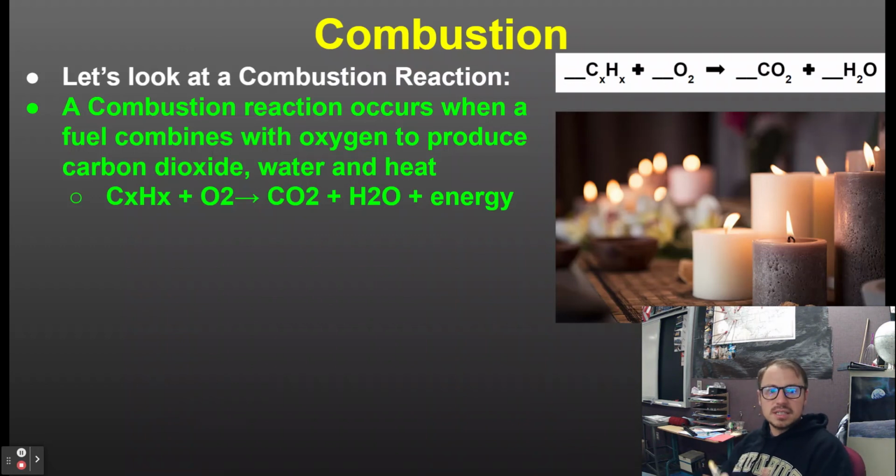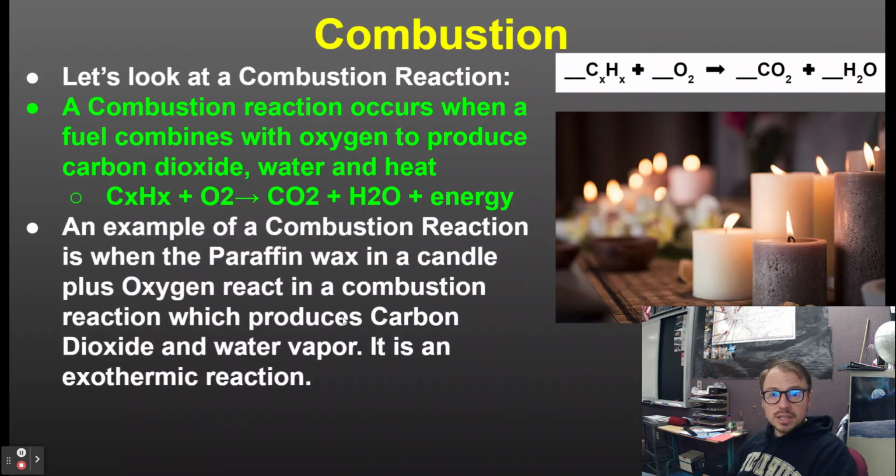Notice it doesn't have A, B, C, D. Essentially, the most common type is a hydrocarbon, like methane, CH4, reacting with the oxygen in the air to form carbon dioxide and water, and it releases that energy. That's what makes it a combustion reaction: carbon dioxide and water are in the products, and you have a fuel reacting with oxygen in the reactants.